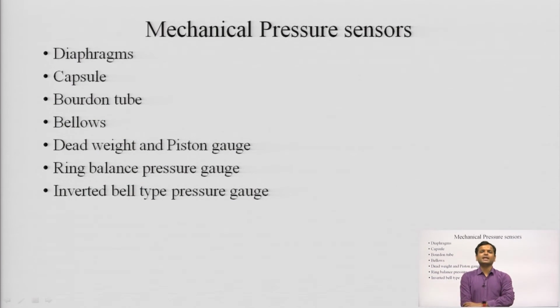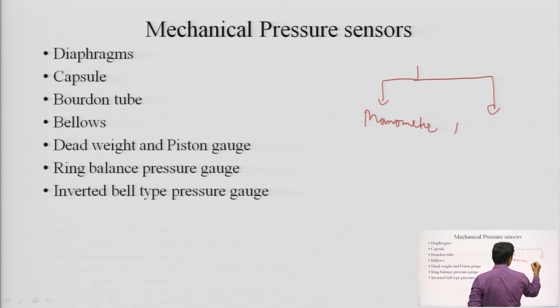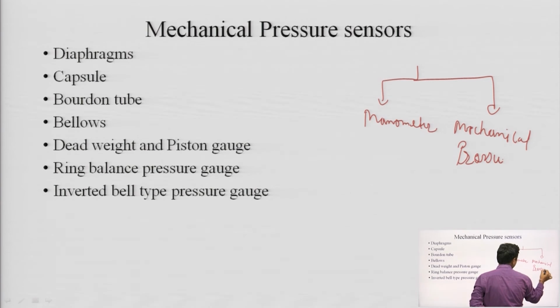Now, the next category of pressure sensor is the mechanical pressure sensor. We have divided pressure measurement into two categories. One is manometer and the second one is mechanical pressure gauges.